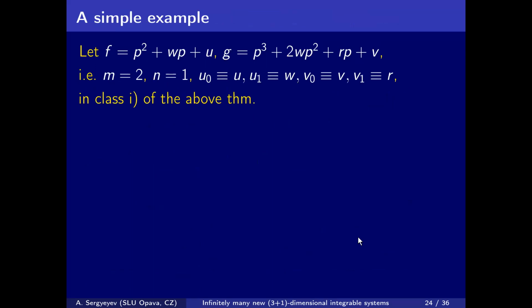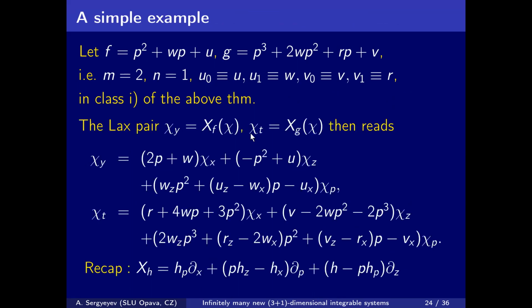Let me show you a simple example of this construction. Let f and g be of this form. I've slightly changed the notation for this example, so here is how it relates to the notation from the theorem. It's an example from the first class from the above theorem.